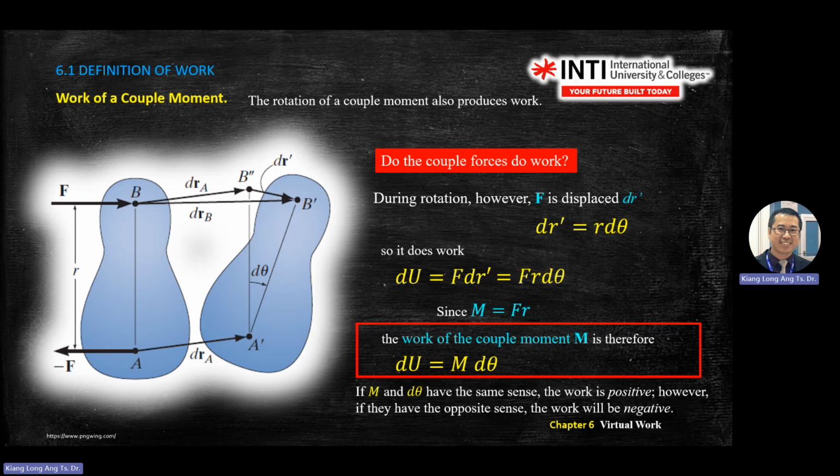Your work can be written as M d theta. How do you derive the moment? Moment equals F multiplied by the distance D, if FR, and the distance S is R theta. That's why you get M d theta.